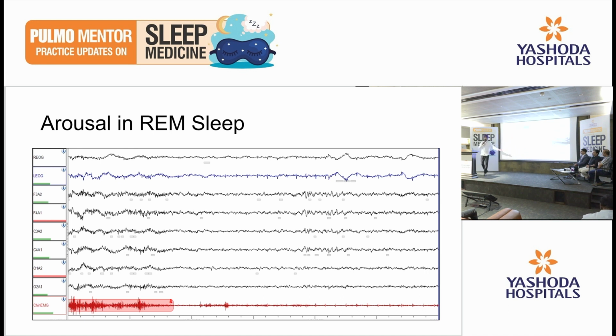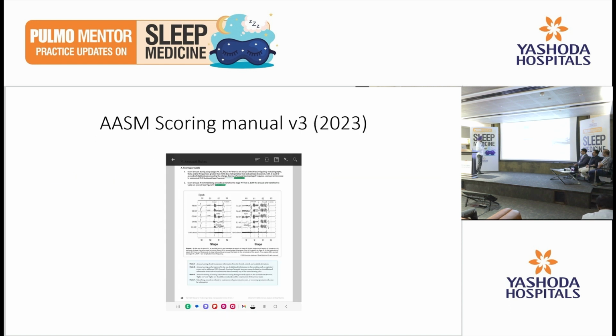The epoch becomes wake, and do I score the arousal in epoch wake? A big confusion used to be there. They have clarified in the latest manual that if arousal is preceding wakefulness, that is, your wakefulness is because of arousal lasting more than 15 seconds, you will score the epoch as wake and score the arousal as well. They have made it clear in the latest manual.